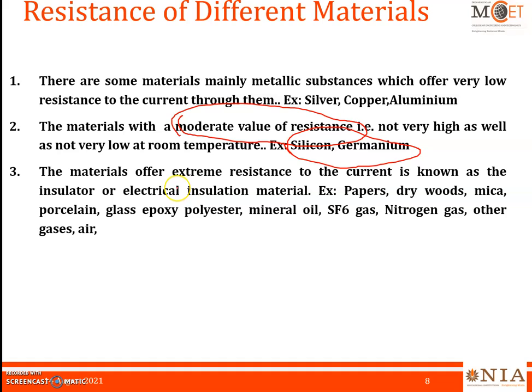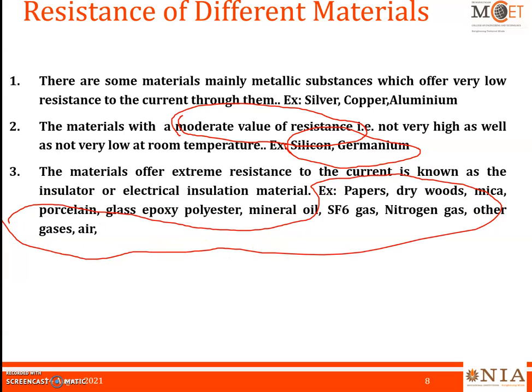Some materials offer extremely high resistance, such as paper, dry wood, mica and porcelain. That's why these materials are used as insulators. They offer a high value of resistance, so they are used for insulation purposes.